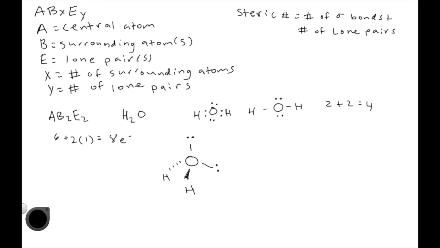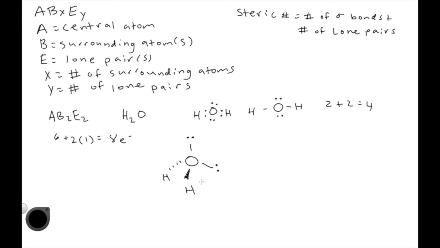And similar to ammonia, the lone pairs will push the OH bonds closer together. However, the lone pair at the top will push the bonding pairs away from itself and therefore push them downwards and closer together, whereas the lone pair on the right will push the bonding pairs away as well.